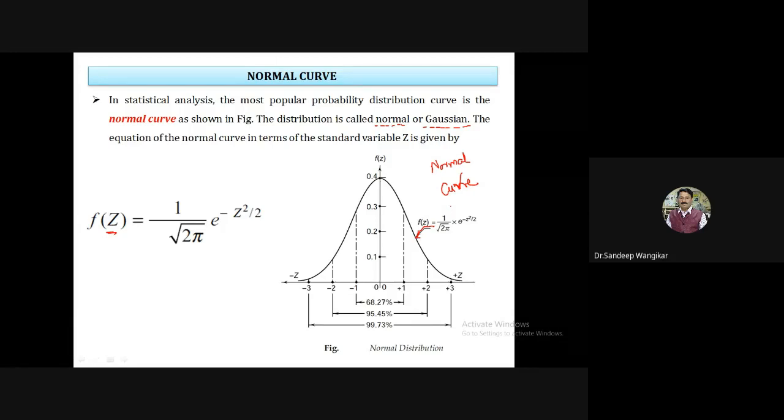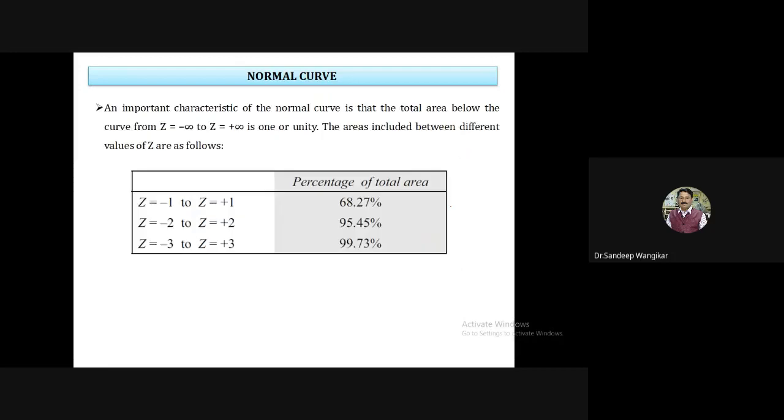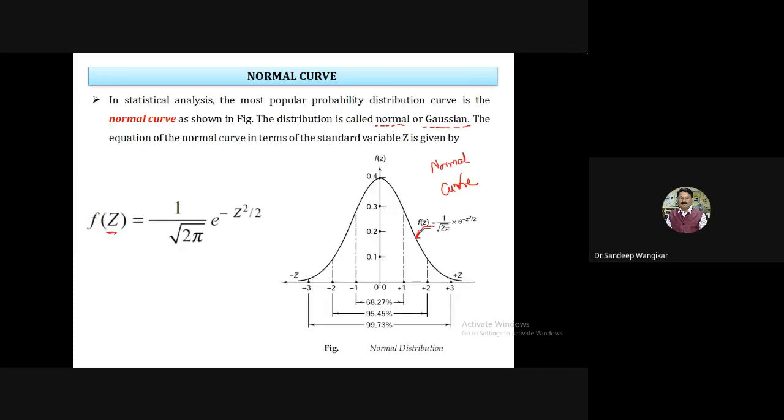So what is this? This is the area under the curve. An important characteristic of the normal curve is that the total area below the curve from minus infinity to plus infinity is 1, or unity. So the total area is assumed as 1.